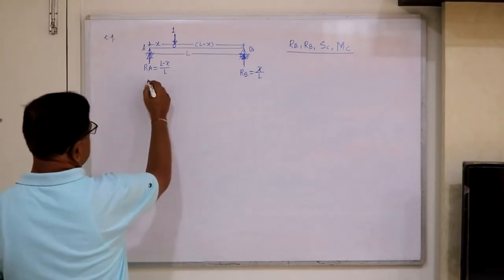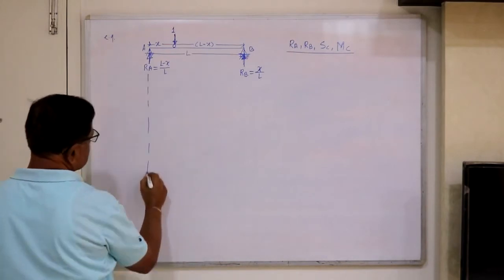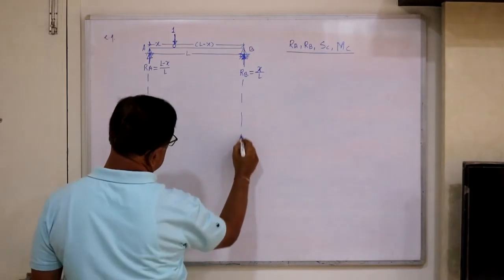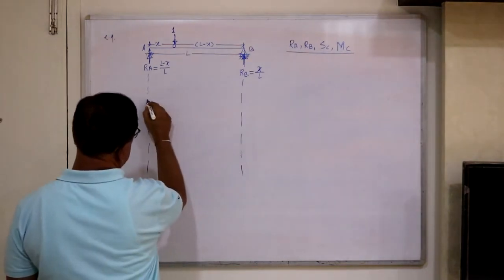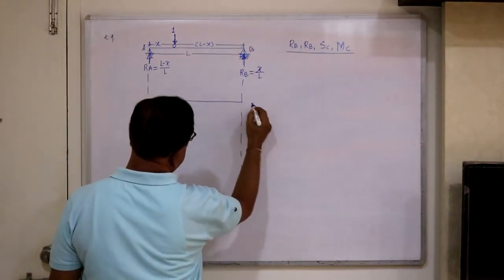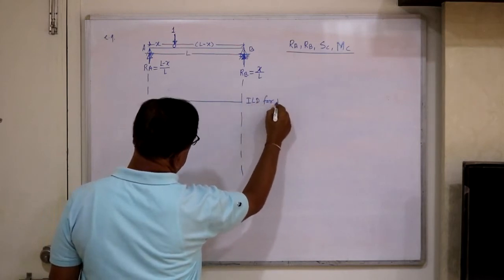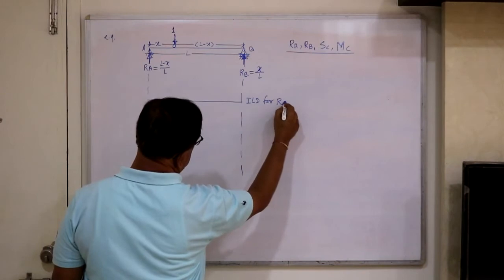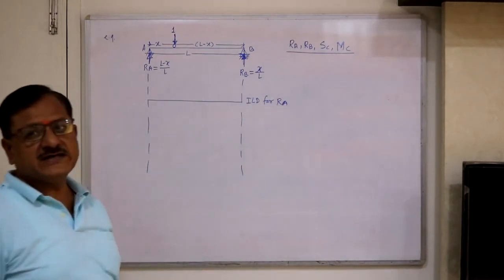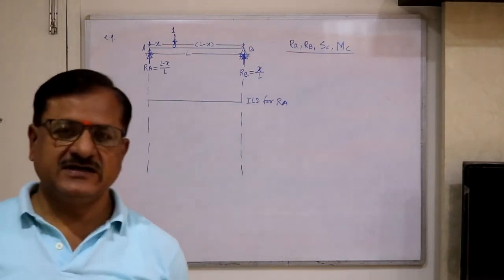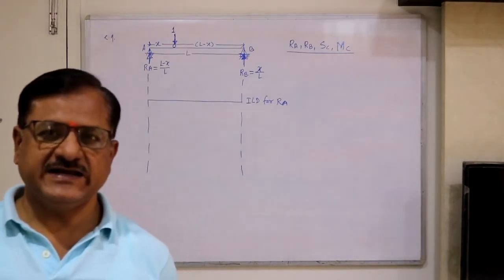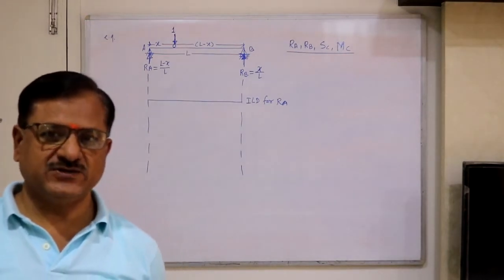Now first of all, suppose you want to construct ILD for RA. Here I will write down ILD for RA. Let us construct ILD for RA. We have to establish the relation between RA and the position of the moving unit load.